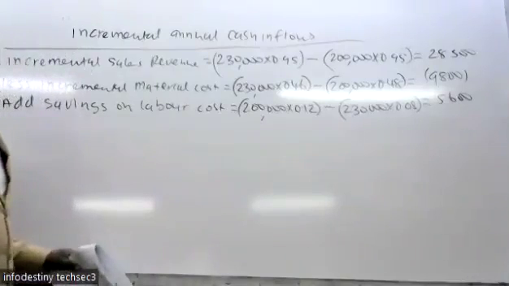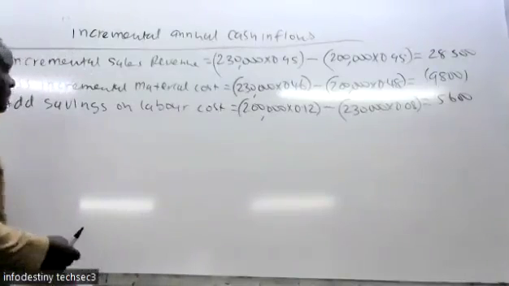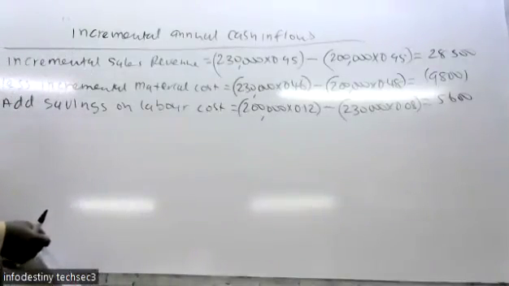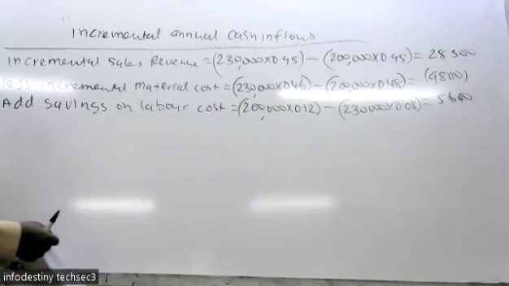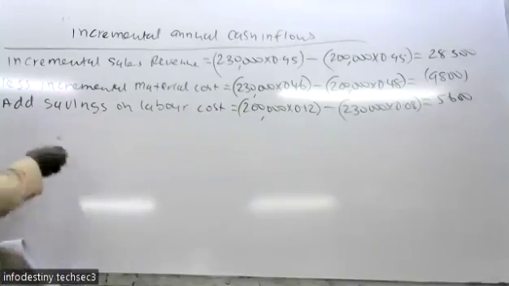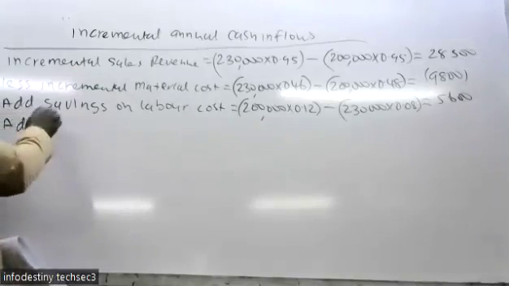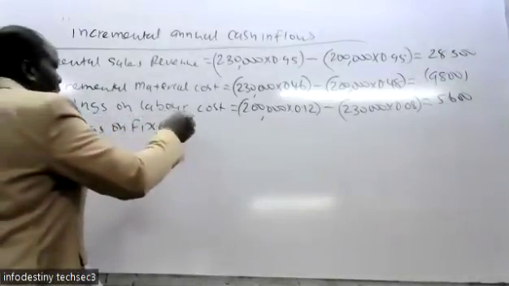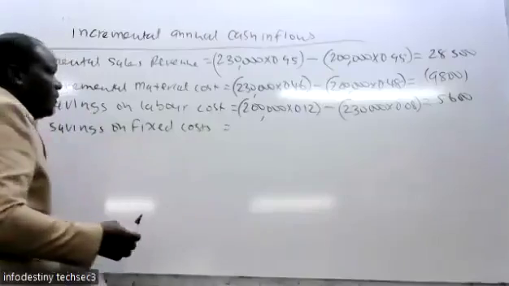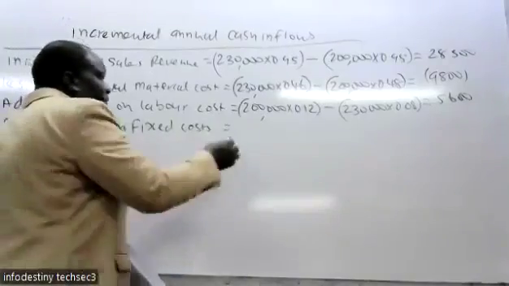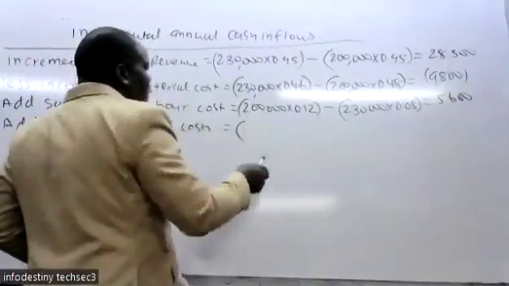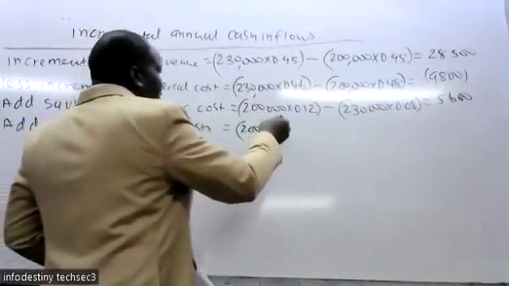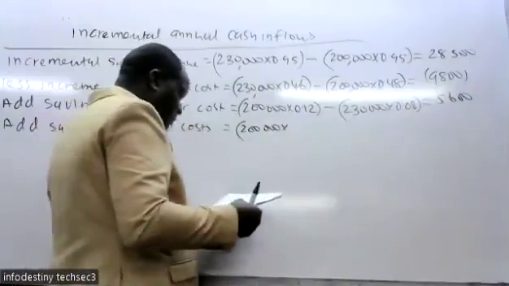Yes, so we also add savings on the fixed cost. So if it is savings, start with the existing, which is 200,000, multiplied by 0.25.